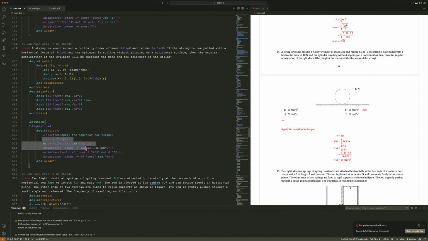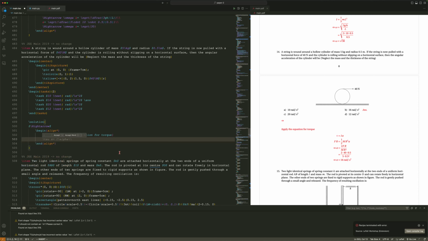So let's start from the beginning. We can assume the instantaneous axis of rotation, which is at the contact point, and about the instantaneous axis of rotation it is in pure rotational motion. So for that we can apply torque equals I alpha.